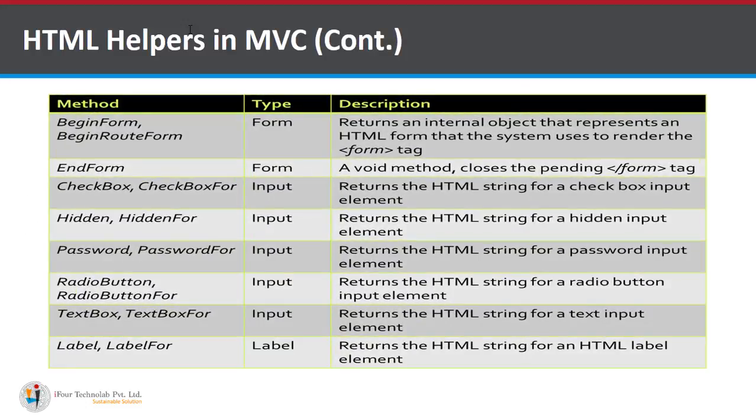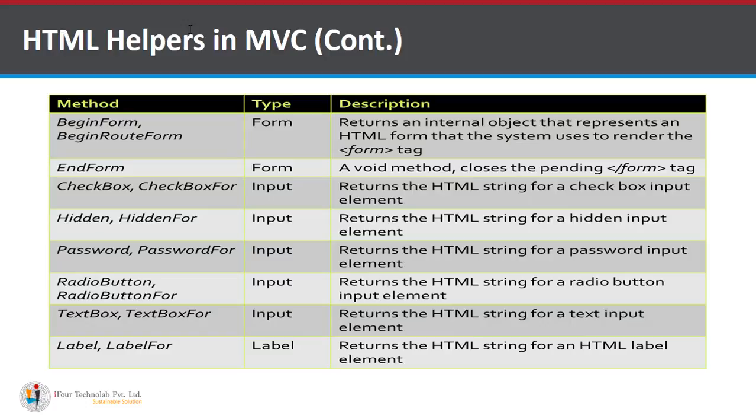Some of the HTML helpers in MVC are BeginForm and BeginRouteForm. It will return an internal object that represents an HTML form that the system uses to render the form tag. Next one is EndForm. EndForm, a void method, closes the pending form tag. Checkbox and CheckBoxFor return the HTML string for a checkbox input element.